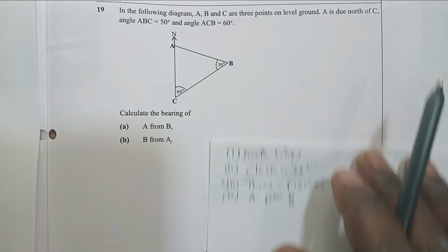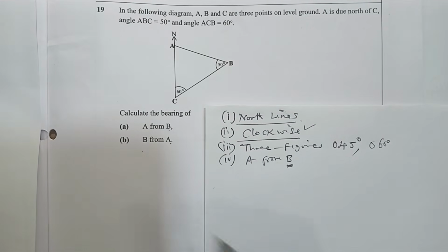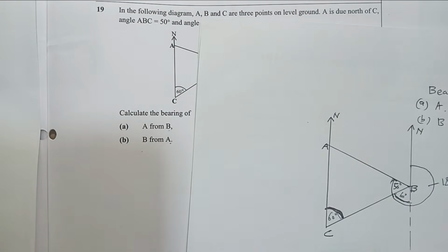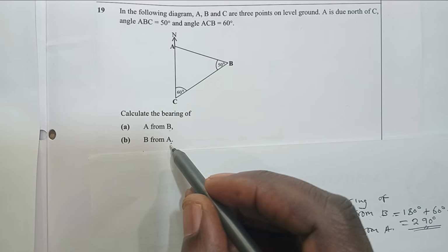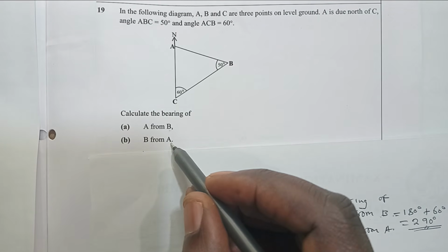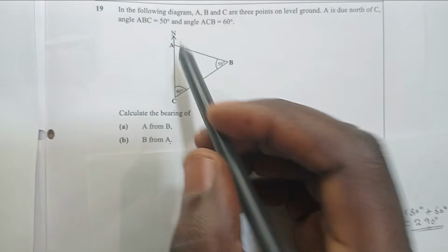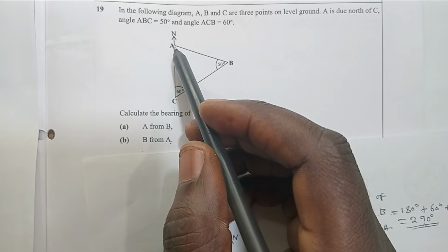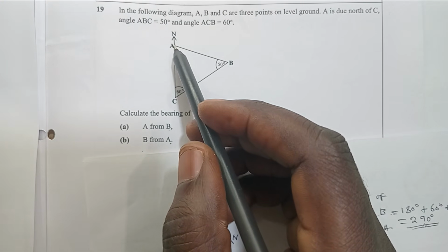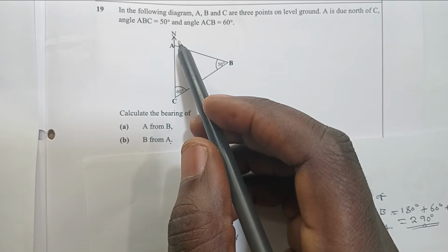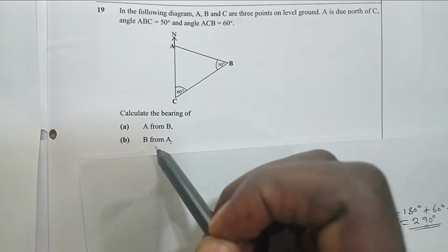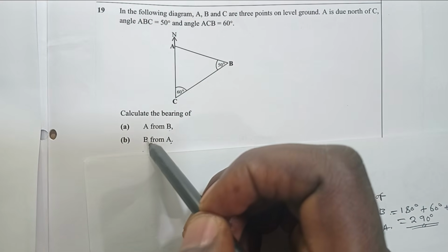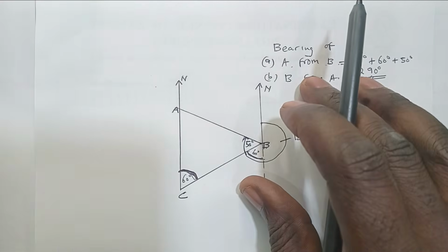So again, based on this, B from A simply means our calculation of the bearing is going to be done at the point where A is. So in this case, we are going to measure at this point, starting from the north line, which is here, coming all the way to the line joining A and B. So I'm going to use this diagram.